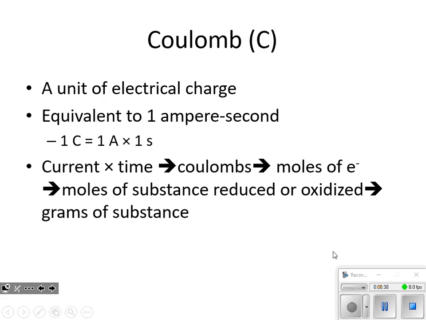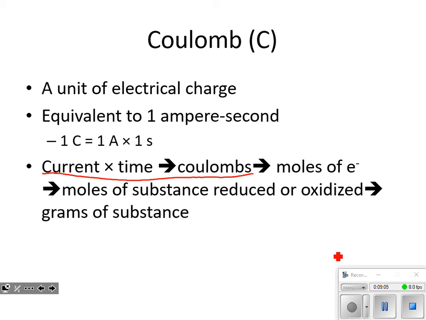If we are given the current, so the amount of amps that we're putting into our electrolysis process, and we're given the amount of time that we're doing it for, multiplying the two will give you the number of coulombs. So that would be one step right there: this times this, giving me that.